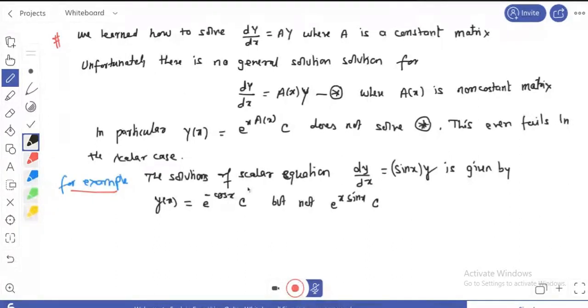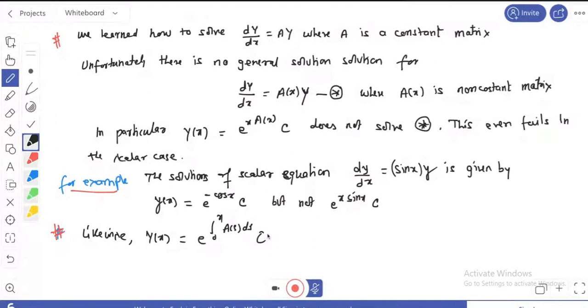Likewise, we can write y(x) equals e to the power of the integral of A(s) ds with constant c.